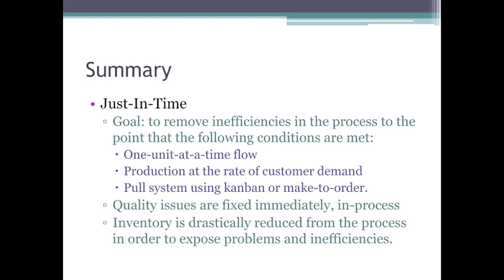So we don't order material until it's needed, either using a Kanban system or a make-to-order system. Also, with a just-in-time process, quality issues are fixed immediately because we know about them immediately. And in-process inventory is drastically reduced in order to expose the problems and inefficiencies in the process, and by exposing them, eliminate them.